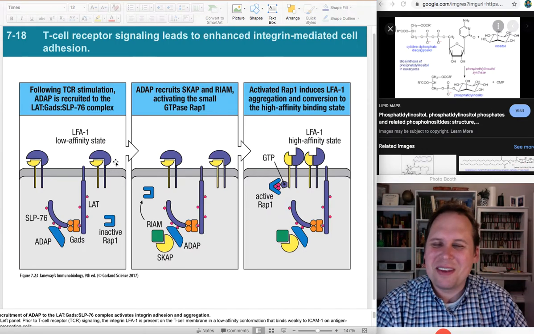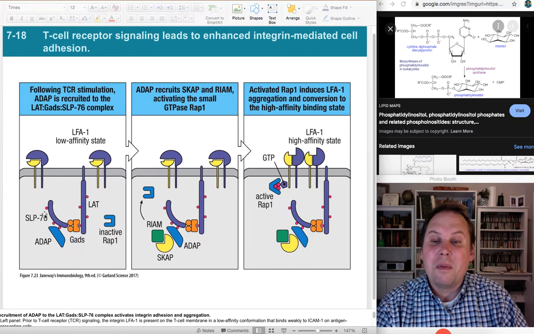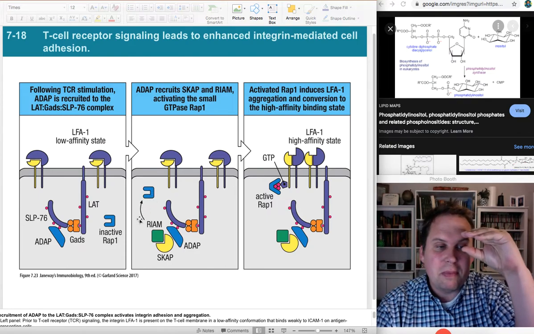So pedestrian. But when the fishhook comes along, which is LAT, phosphorylated LAT, GADs, and SLP76, that can then bind to ADAP. ADAP can recruit SKAP and RIAM, and SKAP and RIAM will then activate RAP1, which is going to be one of these GTPases.